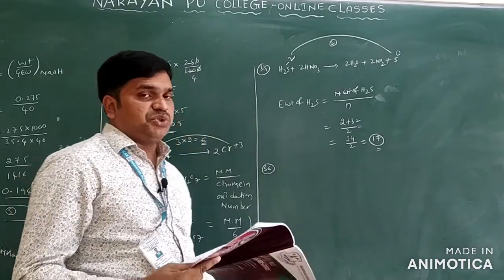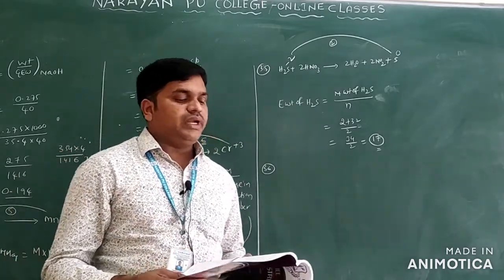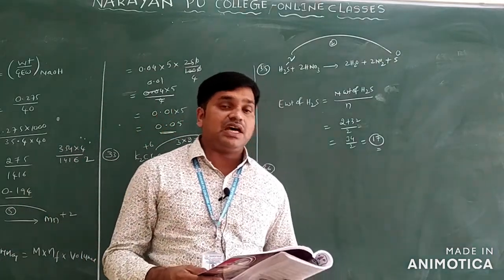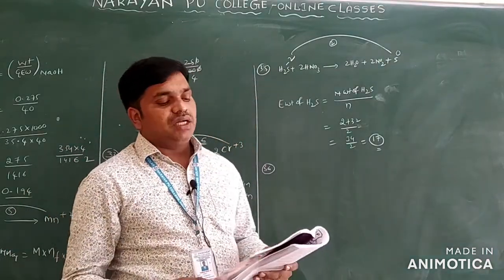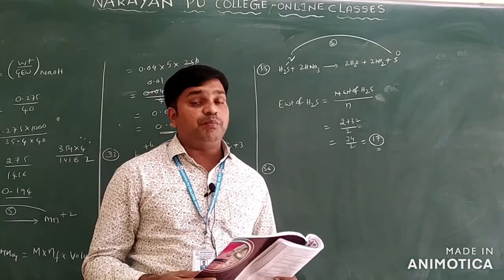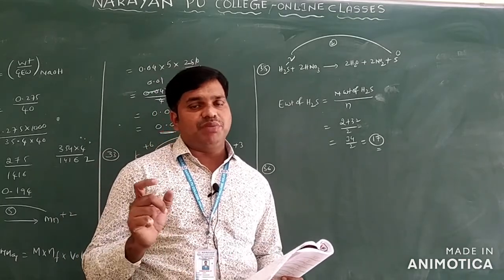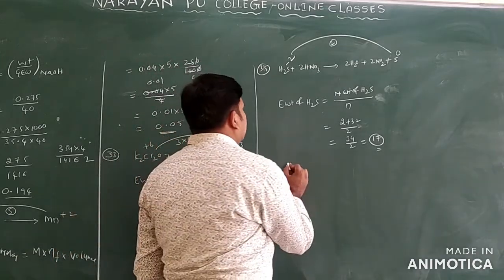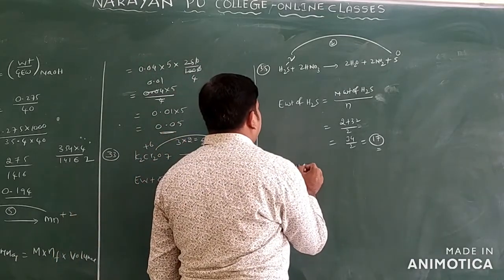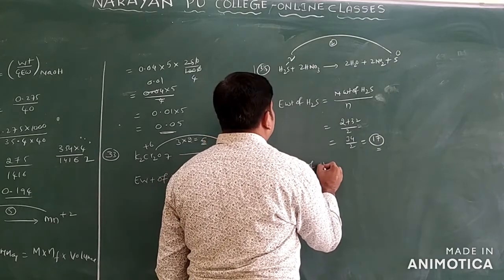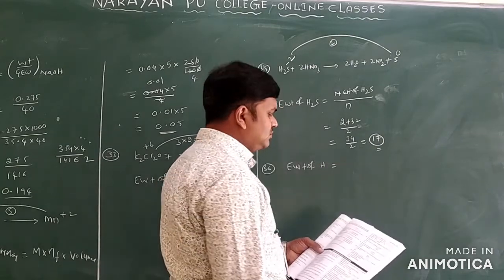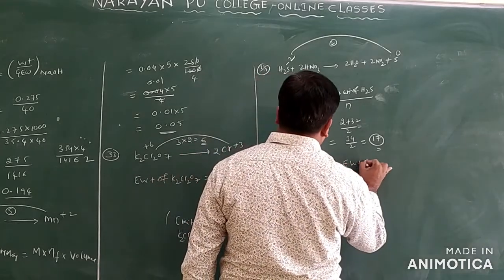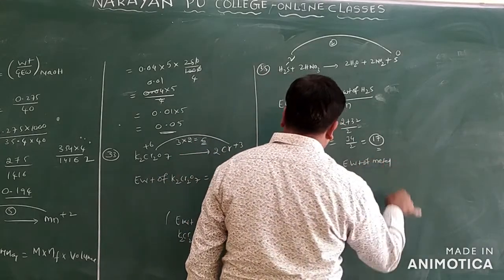What is the 36th question? 1.2 grams of a metal displaces 1.12 liters of hydrogen at normal temperature and pressure. The equivalent weight of the metal would be? So we have to compare the equivalent weight of hydrogen with the equivalent weight of the metal. You will write one formula here: equivalent weight of H2 is equal to equivalent weight of the metal only.